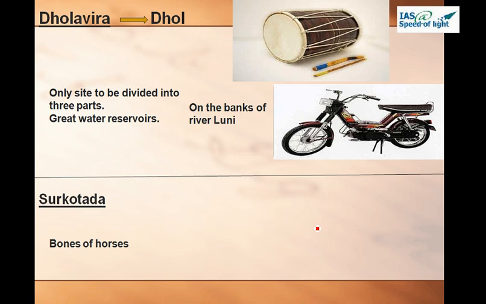Coming to the next site, which is Dholavira, and our picture for Dholavira, Dhola Dhol. So our picture for Dholavira is Dhol. This is the only site which is divided into three parts.